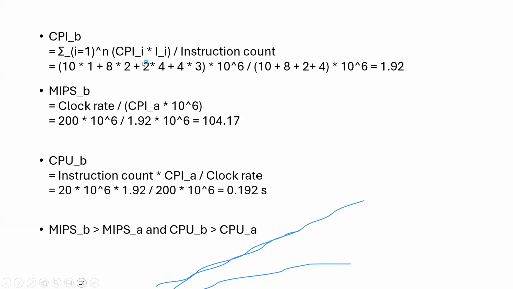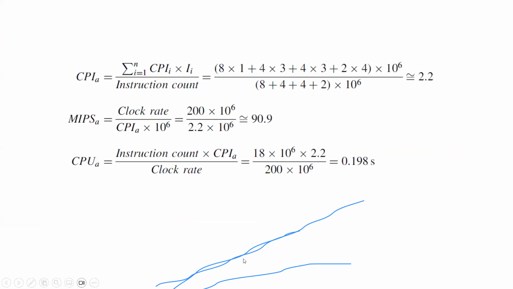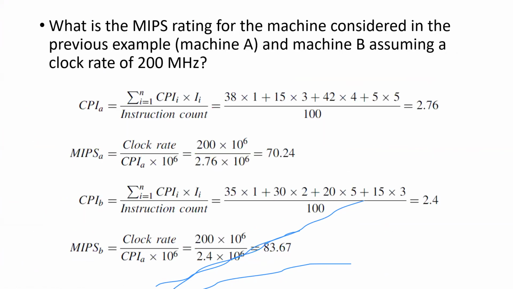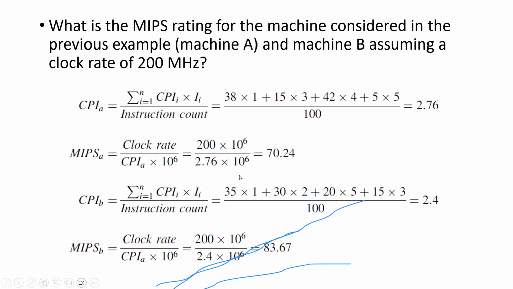This is machine B. So for machine B, we are looking at 10 times 1. Oh, no, sorry, that wasn't the question I gave you. That one is over here. Good. Yes.